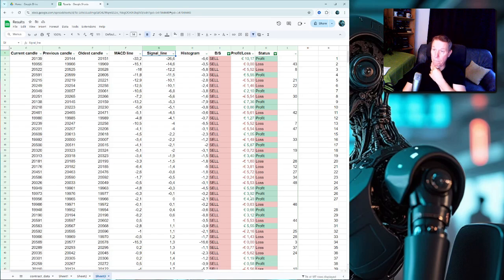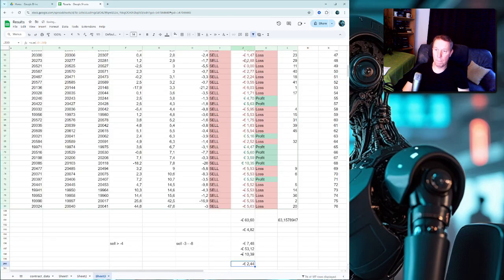So signal line profit 0. Yeah, I'm gonna look at it. This already looks promising. So the signal line is 0 or larger. Let's take a count. Minus 244.